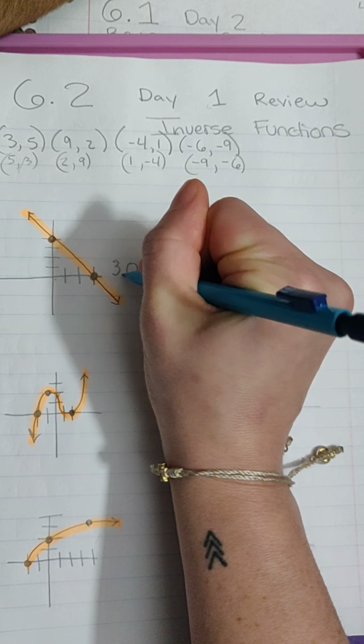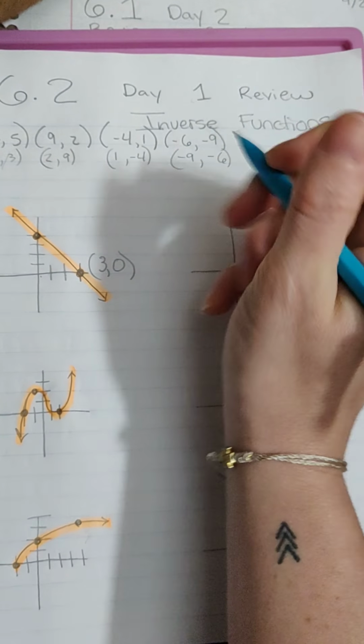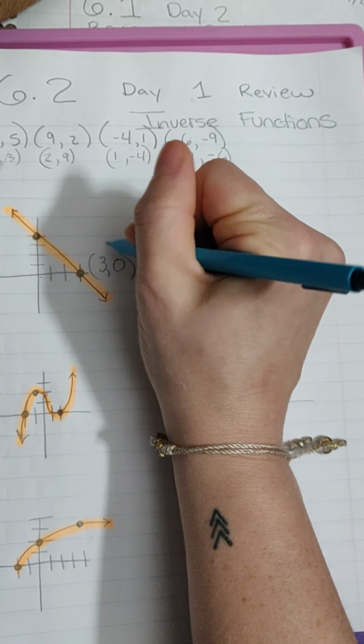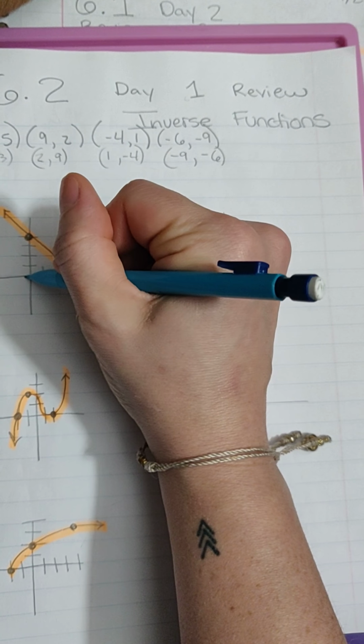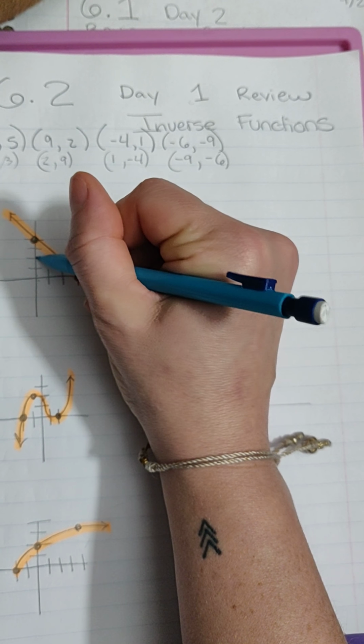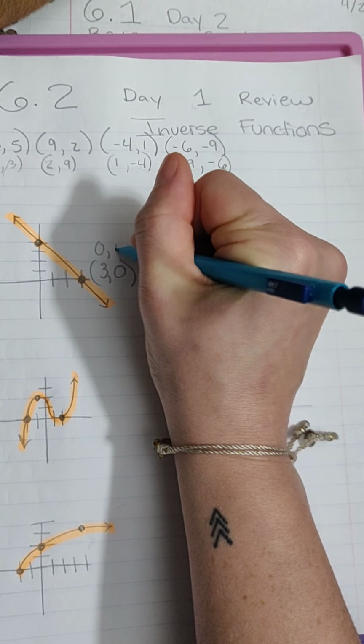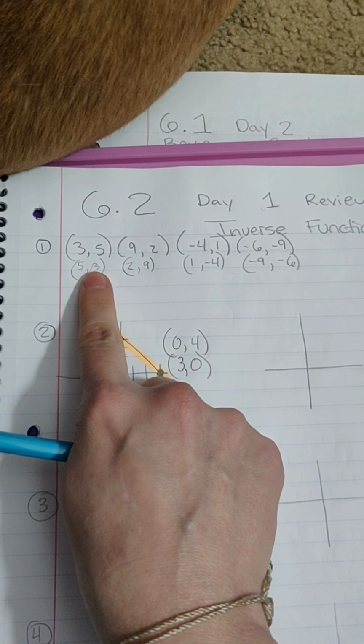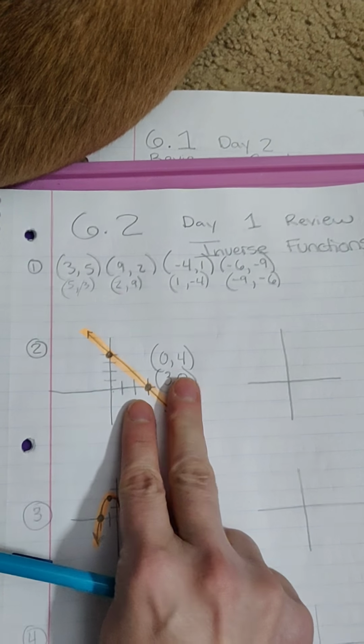So that's 3, 0. And then over here, we've got 0, up 1, 2, 3, 4. That's 0, 4. So now, just like how I found the inverse of these, I just find the inverse of those. I just switch them.